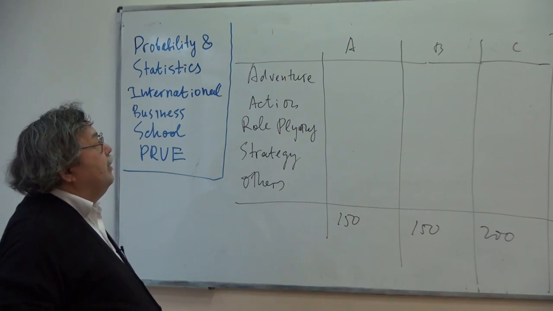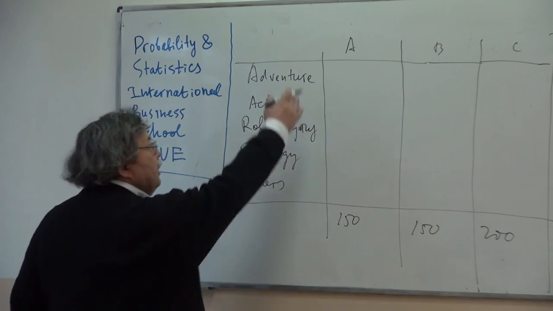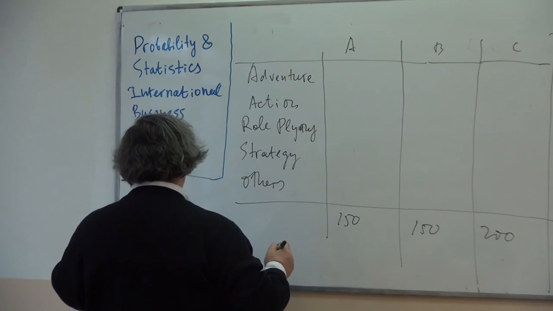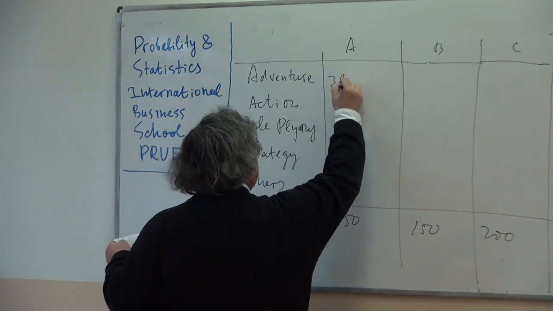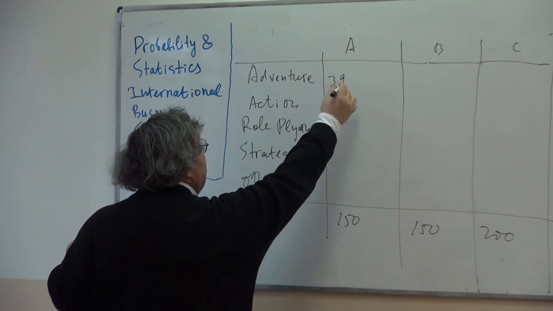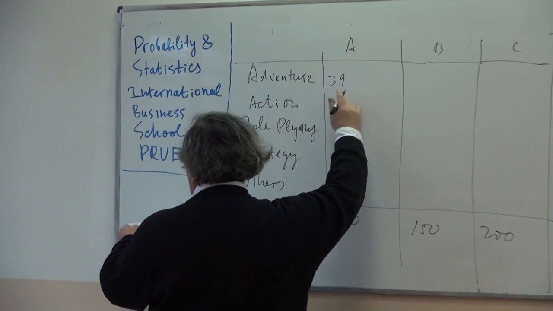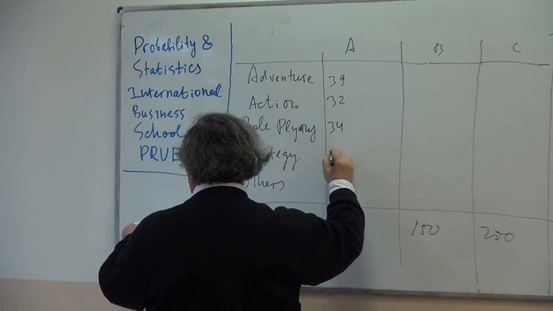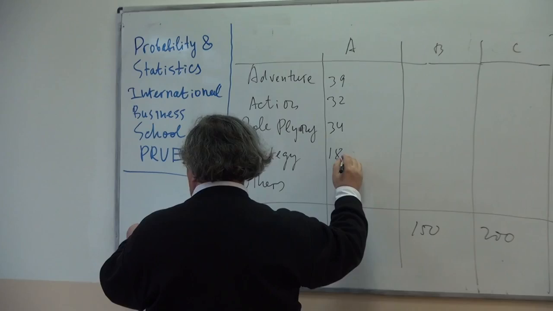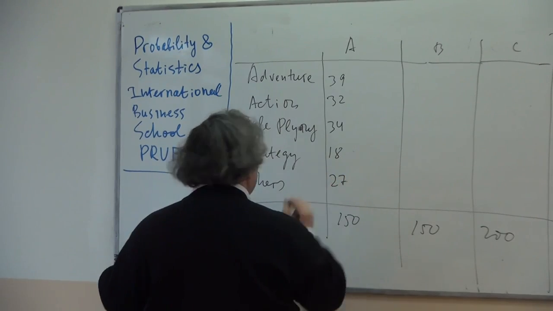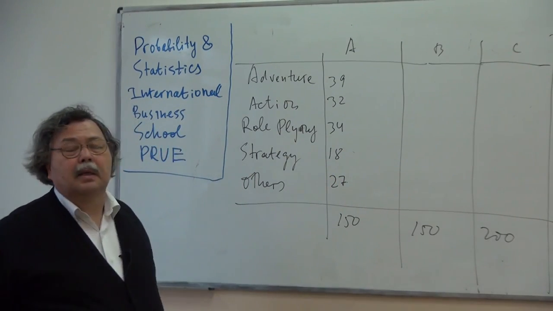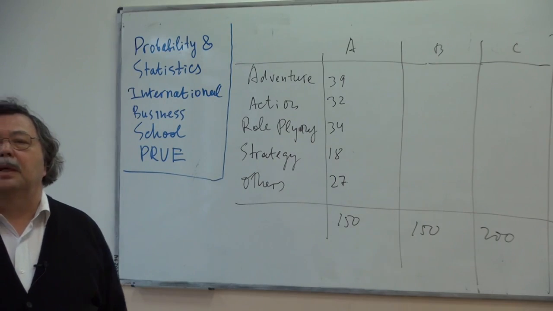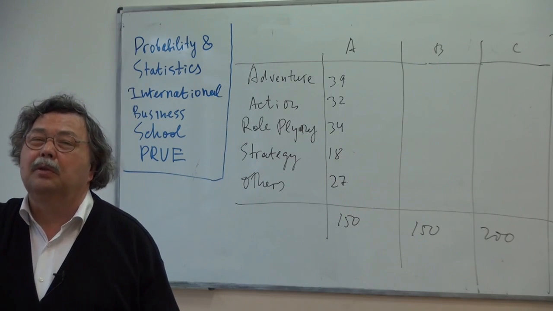Well, and the result of the survey in region A, we recorded 39 positive answers here, 32 here, 34 here, 18 and 27. Okay, and the question was exactly, what is your preferred type of video game?